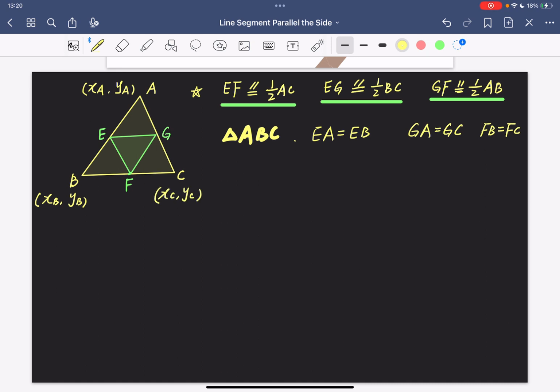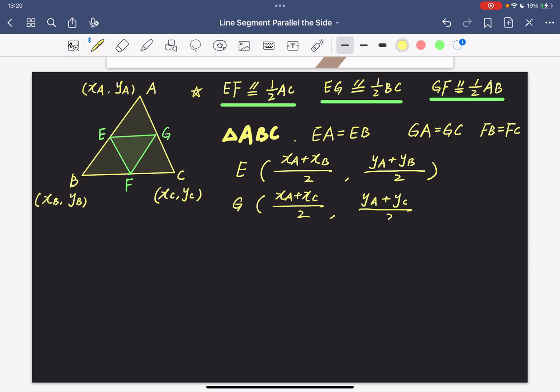According to the midpoint formula, point E's coordinates should be (xa plus xb over 2, ya plus yb over 2). Similarly, for point G, the coordinates should be (xa plus xc over 2, ya plus yc over 2).